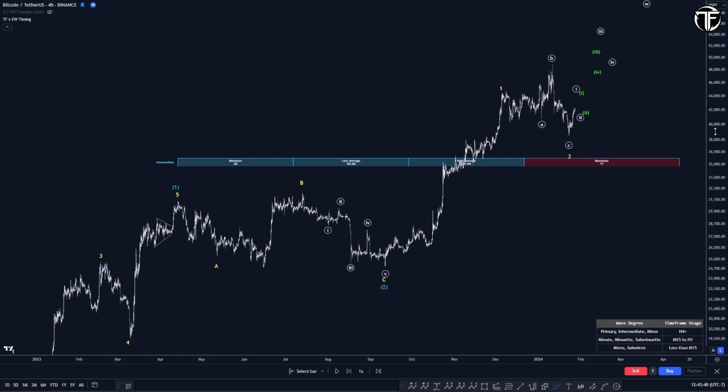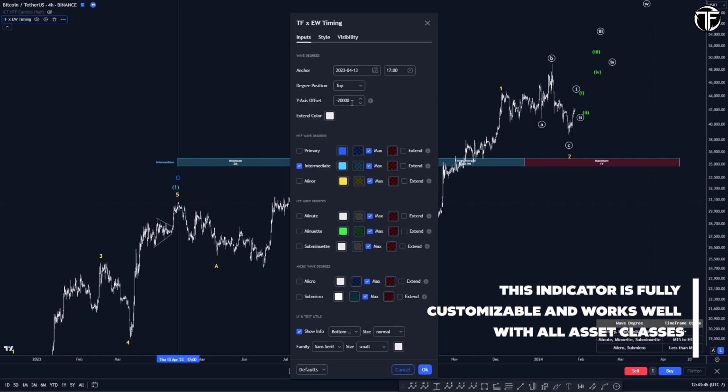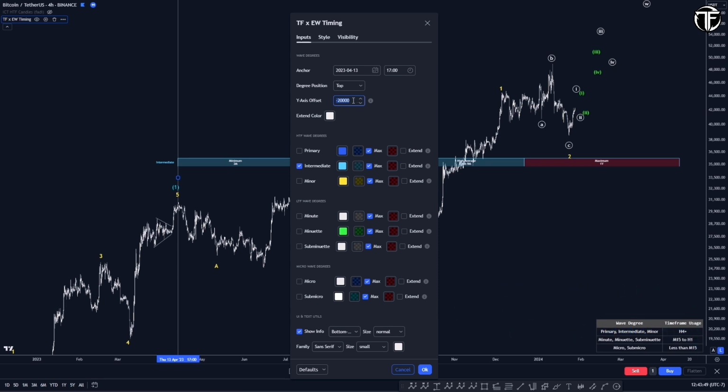So with Bitcoin, it's moving thousands or a few thousand, so you're going to utilize that same concept here. But let's say XRP, you're only going to use like 10 or 100, or the S&P, you're only going to use like 50.